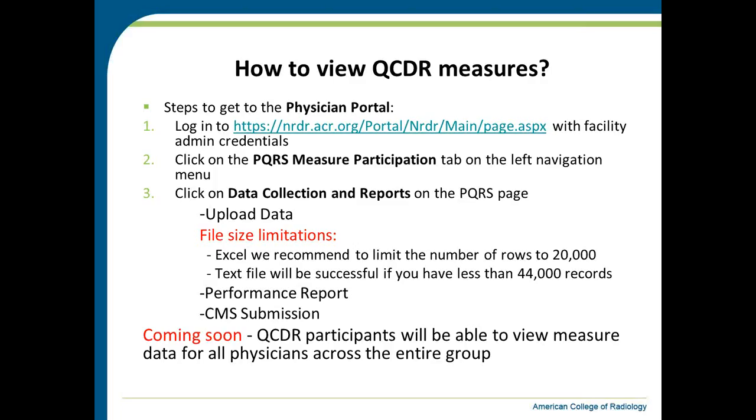I do want to call out that there are file size limitations. We've been assisting quite a few of you with uploading your files. Your files have been rejected for a number of reasons. Currently, you can submit PQRS measures using an Excel file or a text file.